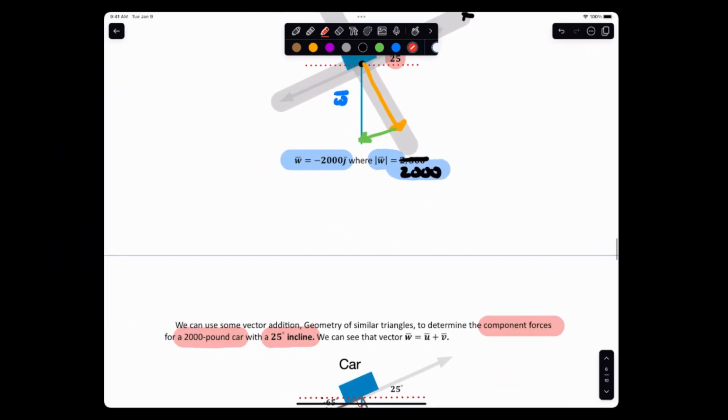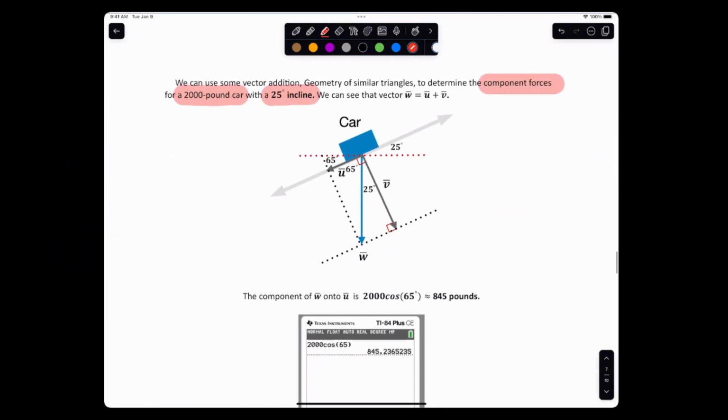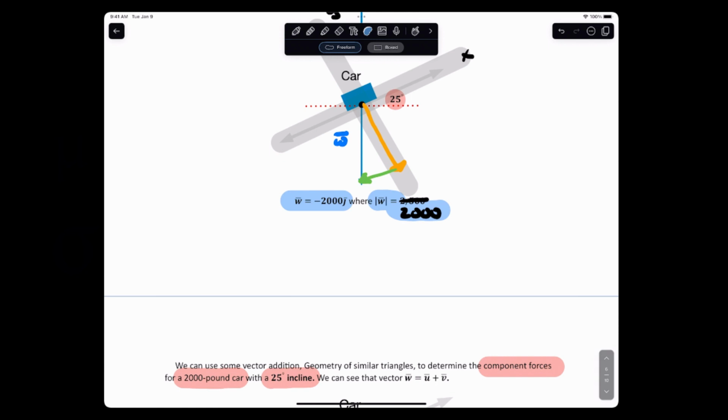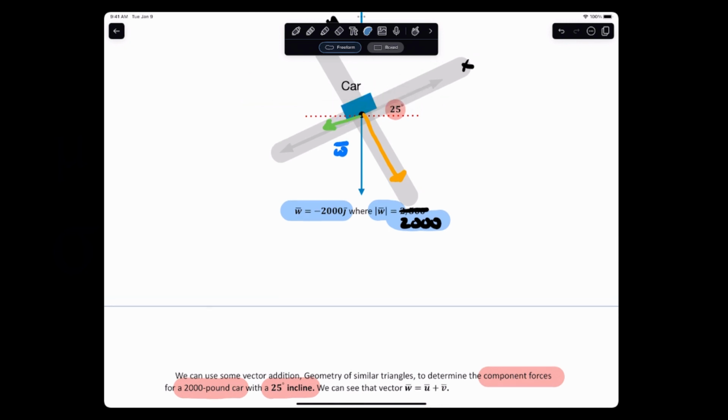And so how you find that is to know, okay, let's draw that picture here, but I'm going to take this green vector and I'm going to move it up here. And I'm actually going to tilt it if I can. Let me see if I can redraw that. Let me undo that.